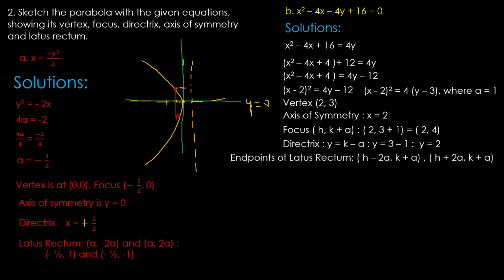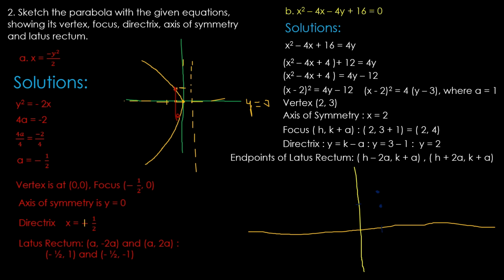If we are going to draw this one, the vertex is at (2, 3), so where is 2? This is 2 here, and then 3 is in here, for example. So this is the vertex, and then the focus is at (2, 4), so somewhere here. That means it opens upward. My directrix is y equals 2, so that's somewhere here.